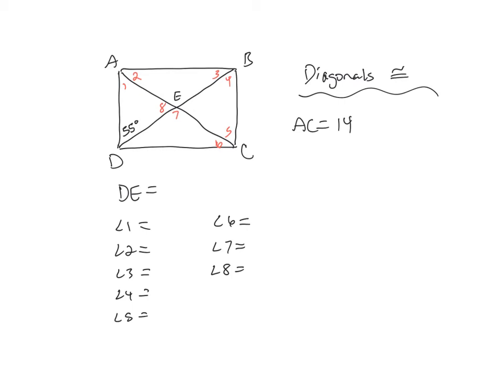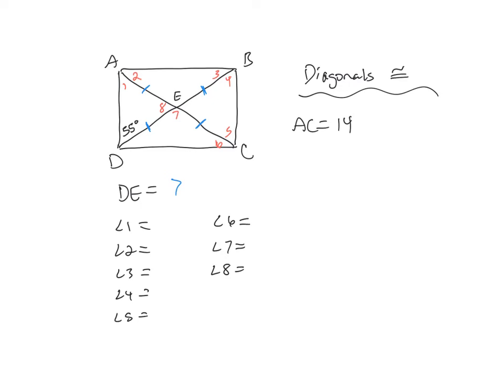So, okay, AC equals 14. That means DB equals 14, the whole diagonal. But if they bisect each other, then D to E equals 7. So what happens is that segment, that segment, that segment, that segment are all congruent because the whole thing is congruent, and if they cut it in half, bisect, then they're all 7.